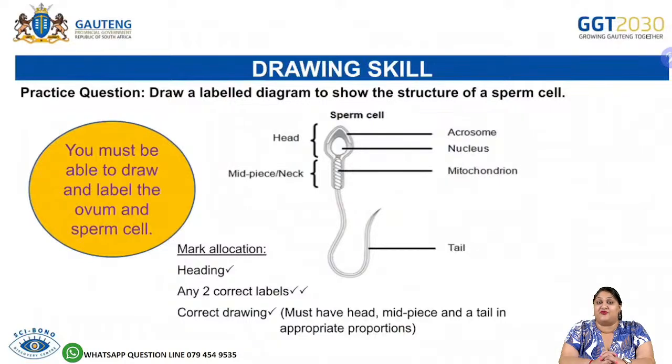Then you must be able to look at micrographs and see what is going on there. You also are meant to do scientific investigations. You need to be able to answer questions where they give you an aim, a method, the results, and tables, and they ask you to draw graphs and answer different questions.